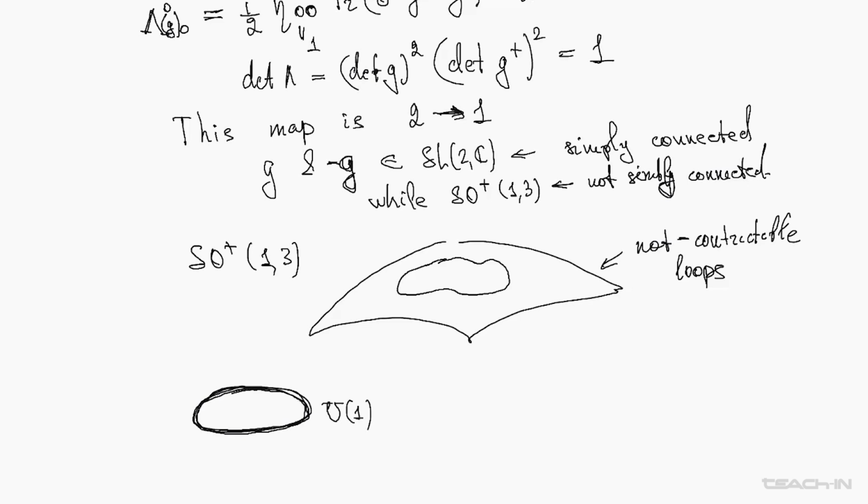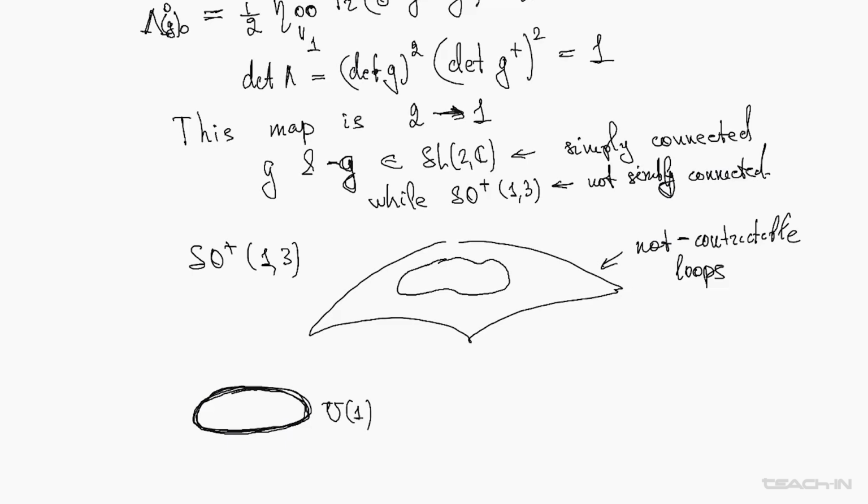A manifold of such a type, which contains non-contractible loops, is called not simply connected. And when any loop can be contracted to a point, staying all the time inside the manifold, then such a manifold is called simply connected.